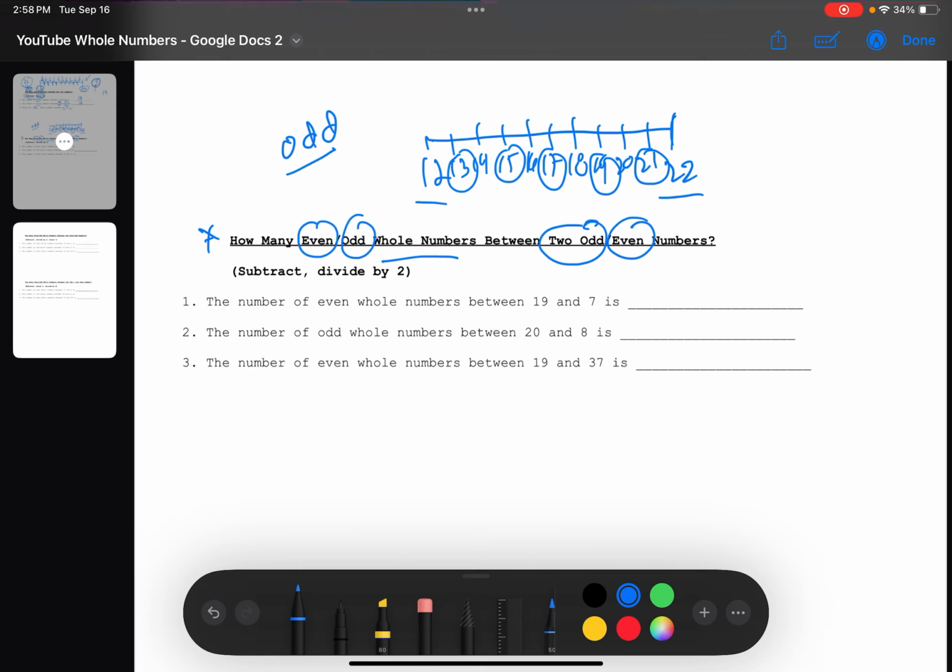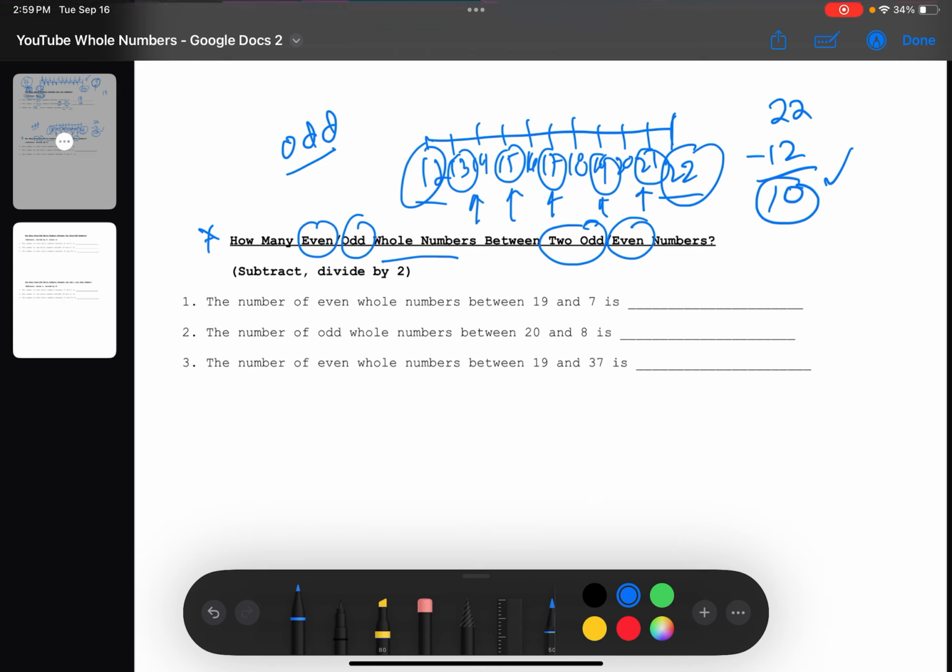Now, what we want to do is relate it to just the information they're given to us. We just know that this is the endpoint and this is the endpoint. We don't count the endpoints in these examples. So if I subtract again 22 minus 12 in my head, I get 10. And then I know that there's 1, 2, 3, 4, 5 whole numbers that are odd. So the relationship between the 5 odd whole numbers and the 10 is that 5 is half.